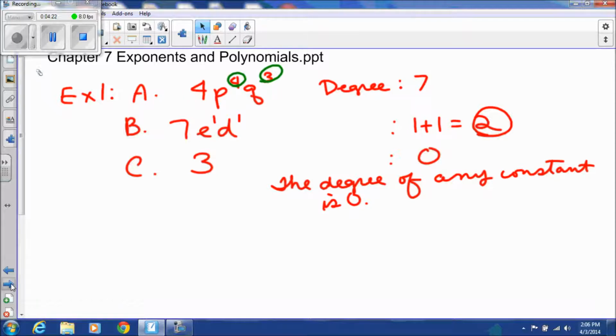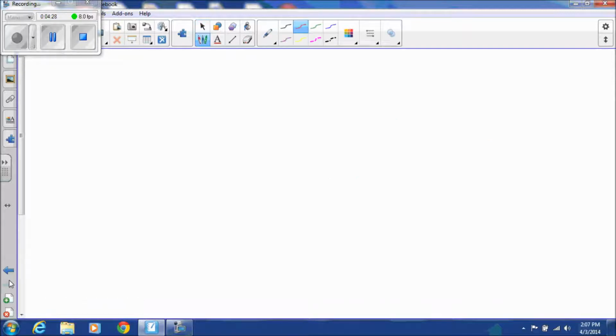In our next set of examples, we will be finding the degree of the polynomials. Remember, the degree of the polynomials is the degree of the highest term.